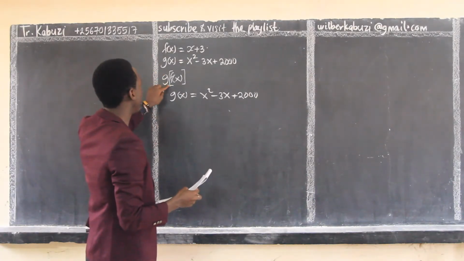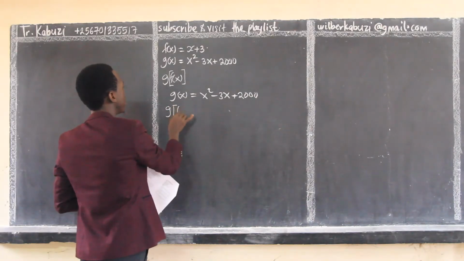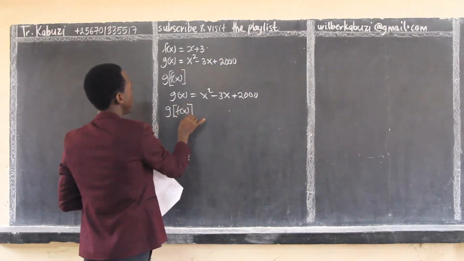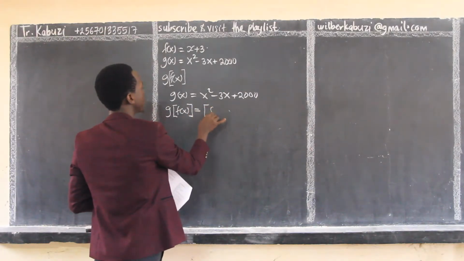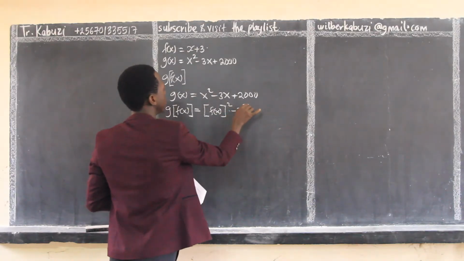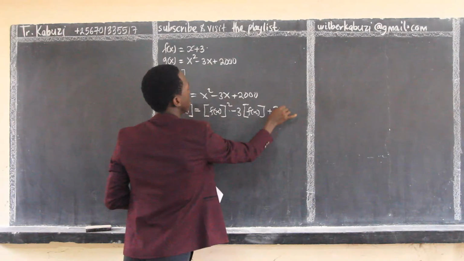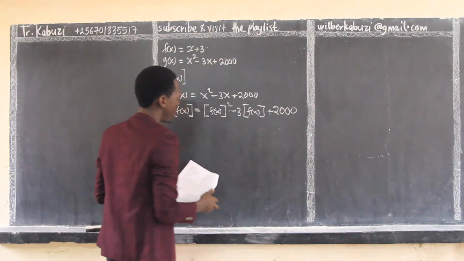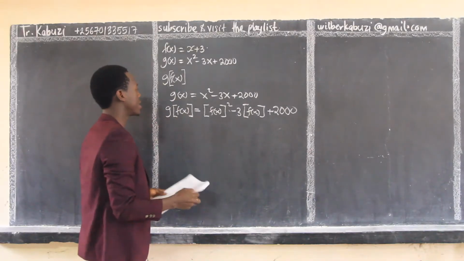Where there is x, I'm going to substitute this. So I'm just substituting the f of x where there is x.